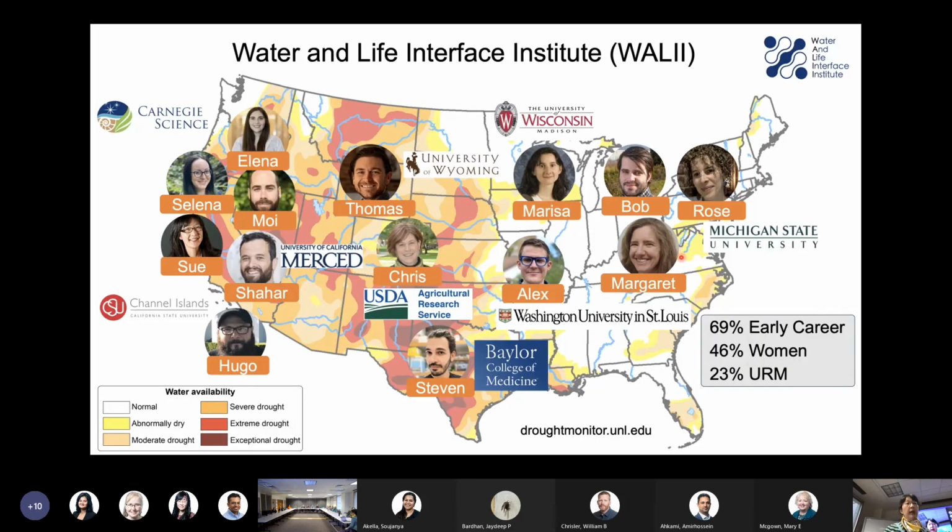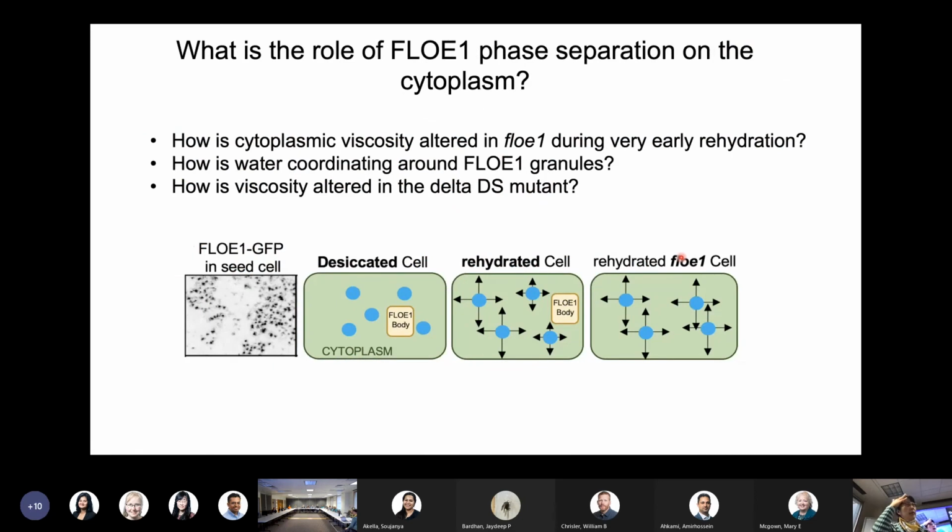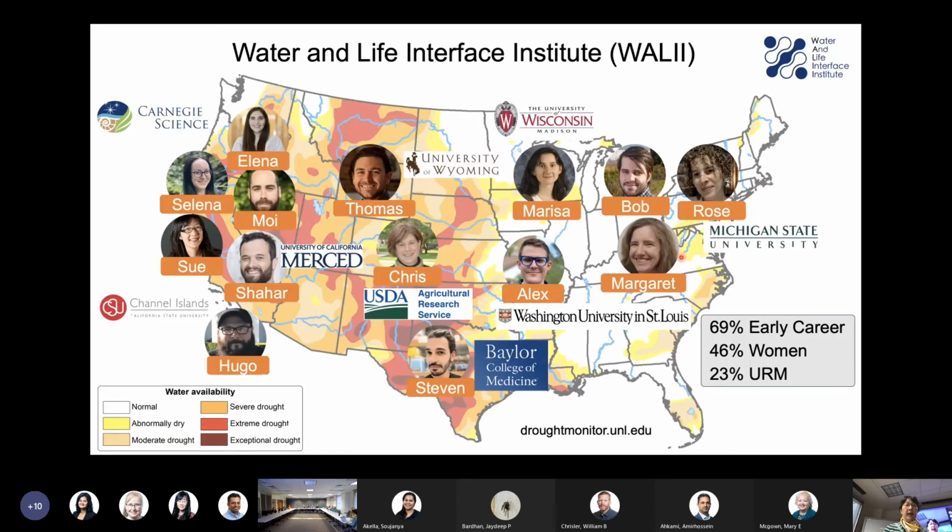And now I'm going to spend a few minutes describing this new institute that Amir talked about, WALI. This institute is essentially the set of people that collaborated with Yaniv and Stephen in looking at the FLO1 protein.